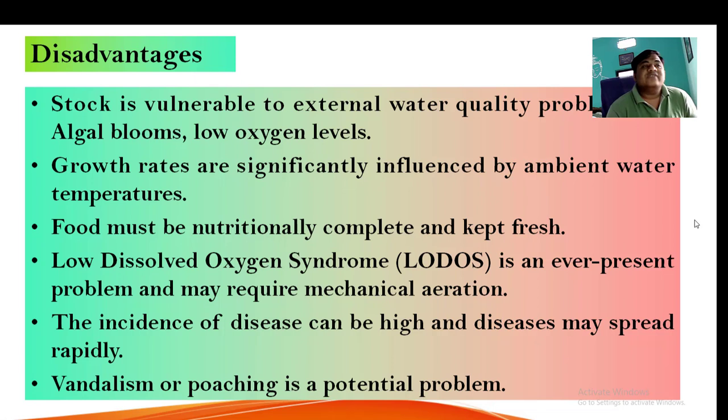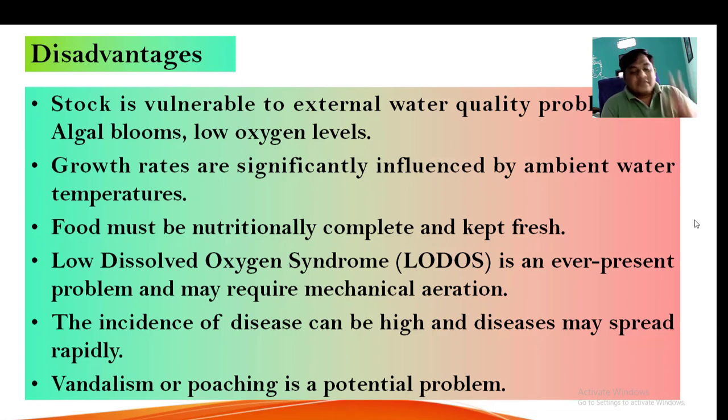Then growth rates are significantly influenced by ambient water temperatures. If the temperature is not suitable, then the growth rate is significantly influenced. It is also one of the disadvantages of cage culture, but by taking some efforts we can overcome these disadvantages. Then food must be nutritionally complete and kept fresh.